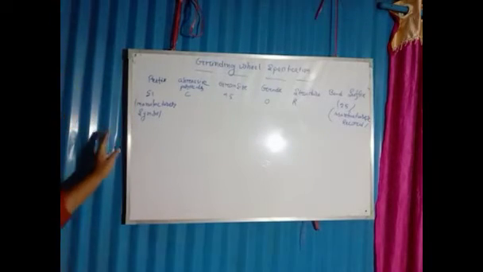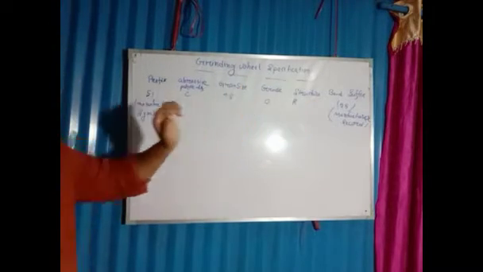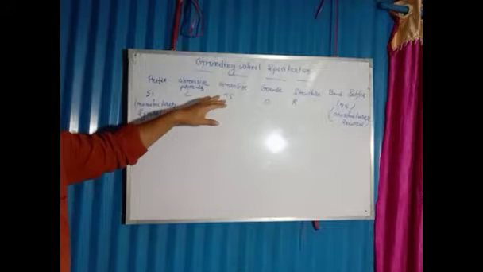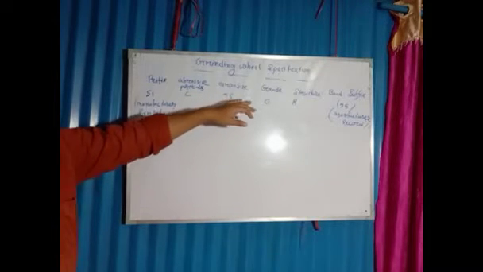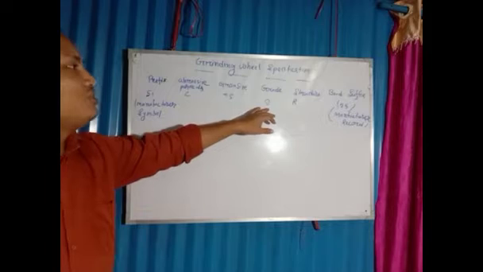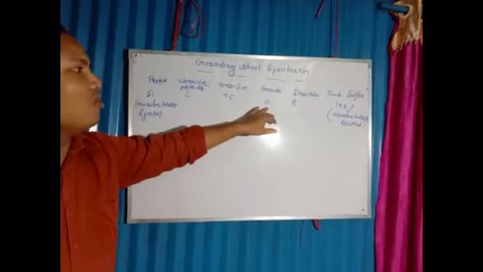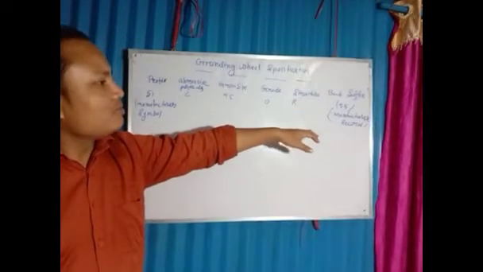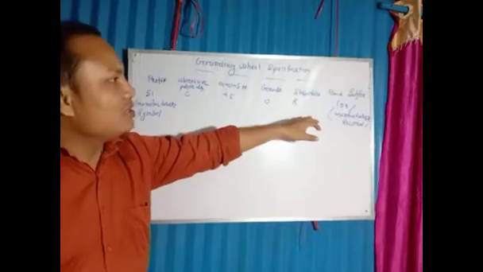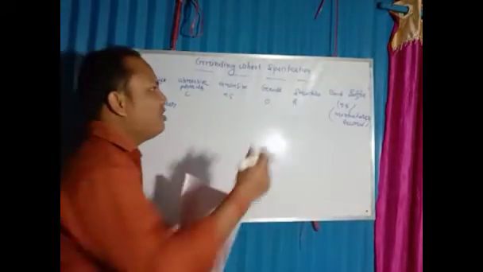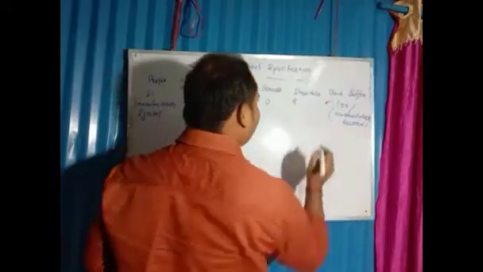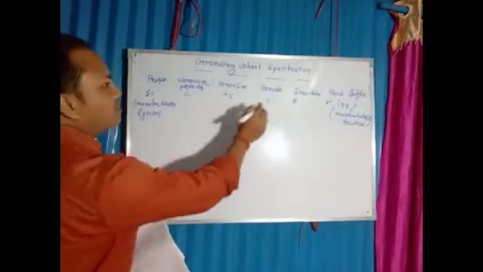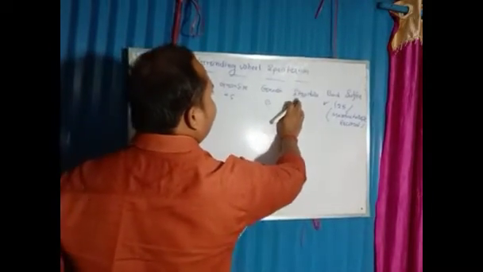If you identify it, you say: please give me a grinding wheel in which the abrasive particle is C, the grain size is 45, the grade is O, the structure is R, and the bond is vitrified, or V. Sorry, that's the vitrified one.